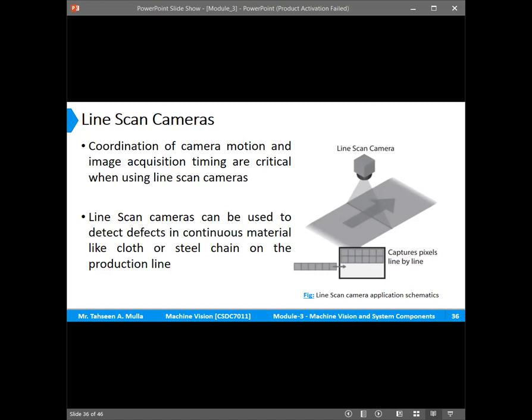So it is complex, but because of its precision in timing, even though the objects are moving, it has very good precision in timing and coordination, which is required for acquiring accurate images. So line scan cameras are very fast compared to area scan cameras. But again, depending on what type of application you are going to use these cameras for is very necessary.